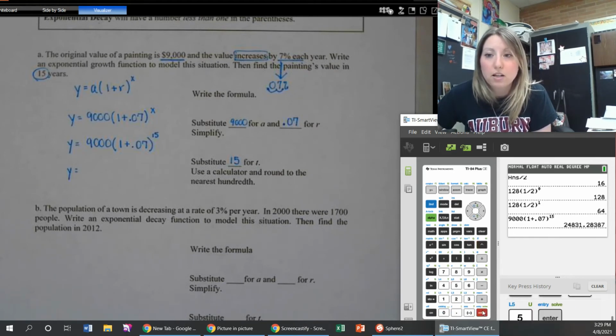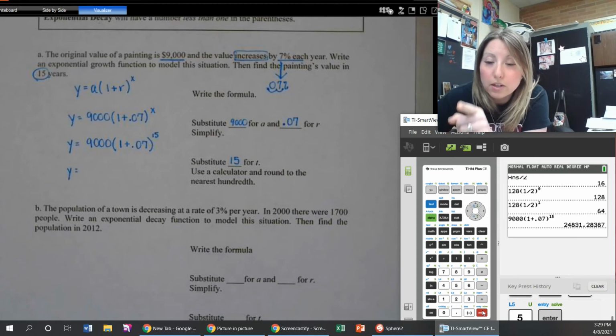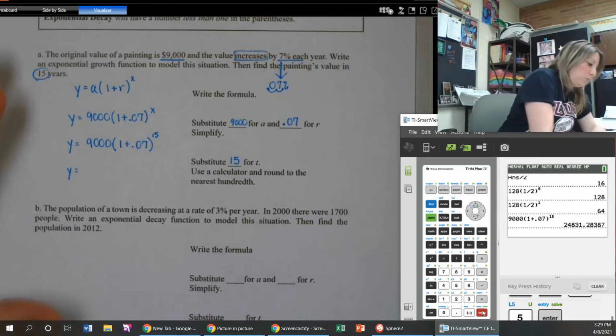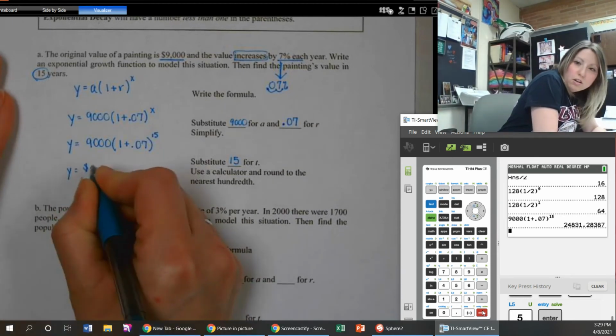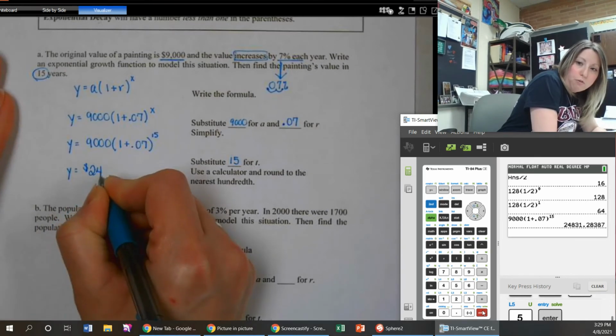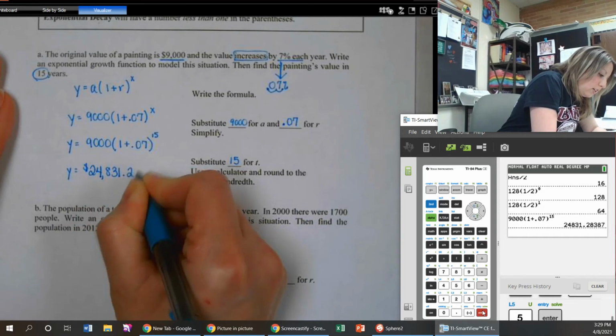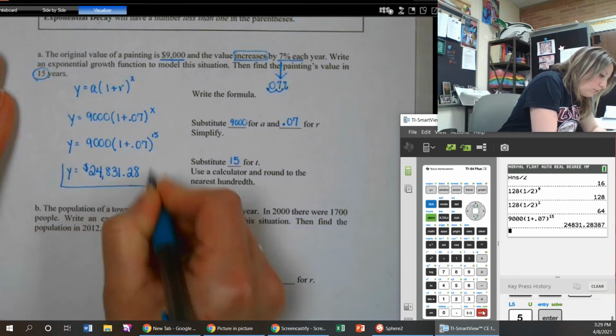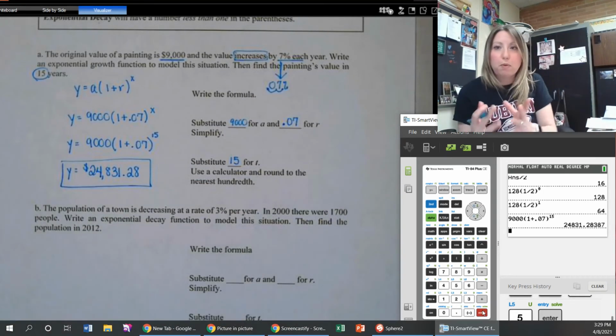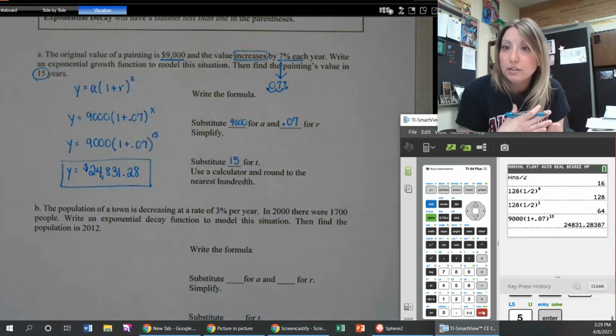This painting is worth $24,831.28. So that's what I will write down. Notice that's where I stopped, even though there were more decimals back there. We'd round to the nearest cent.